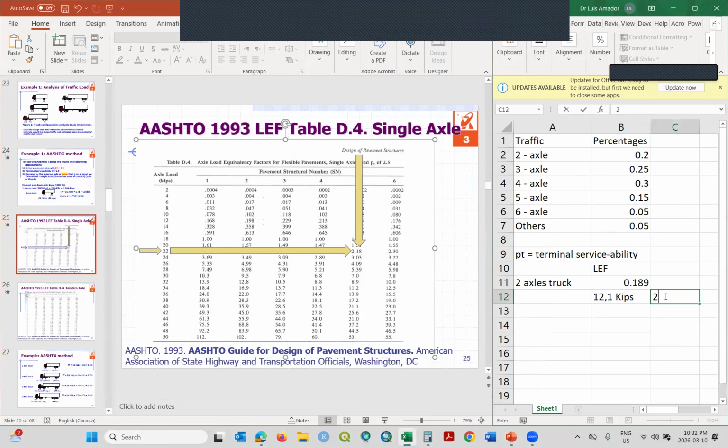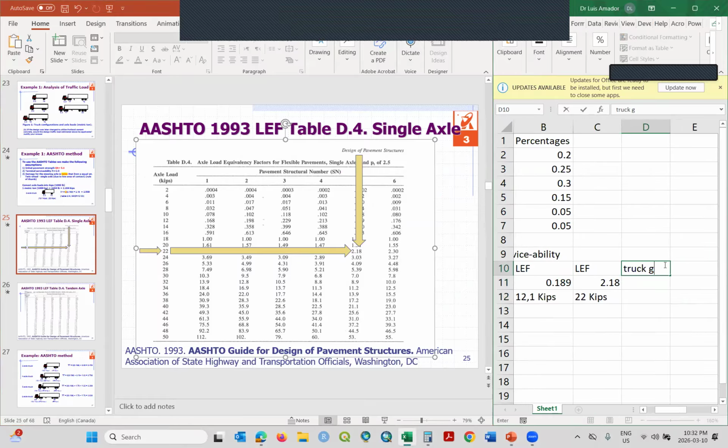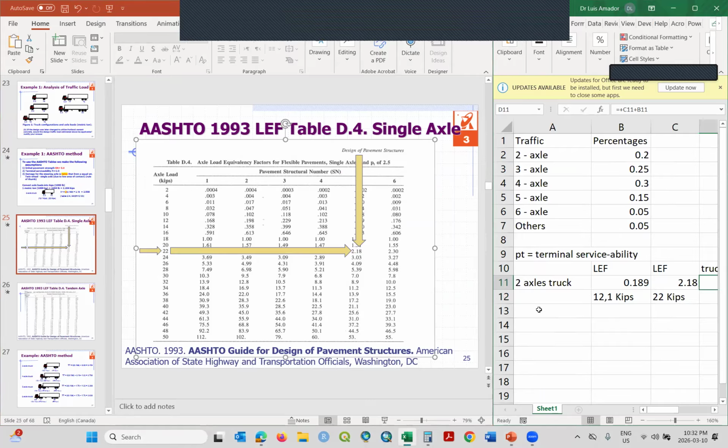So my 22,000 kips produce a load equivalency factor of 2.18. So my truck factor is 2.18 plus 2 times 0.189. So this is my truck factor for a two-axle truck.